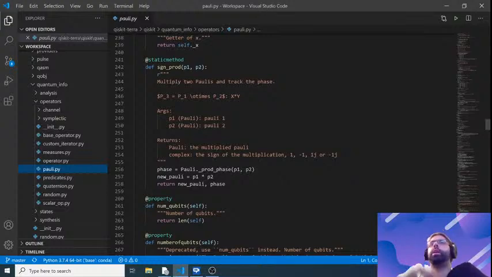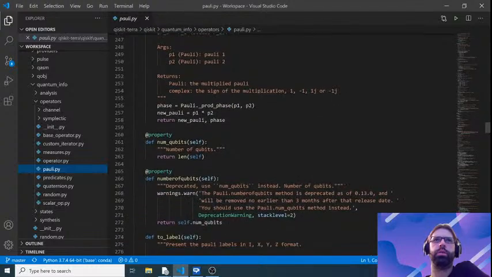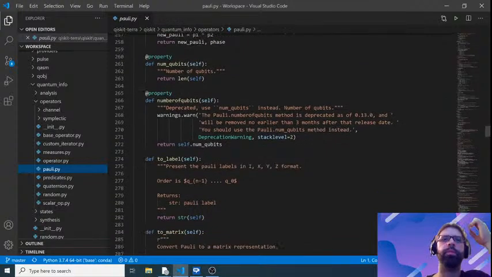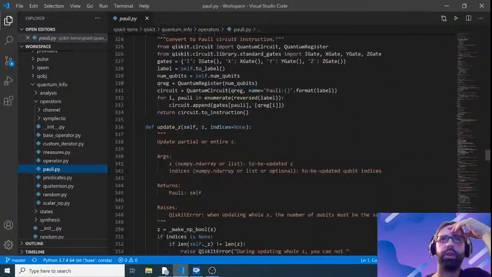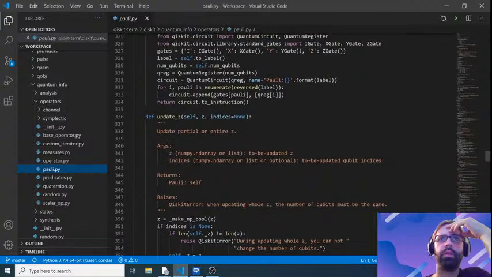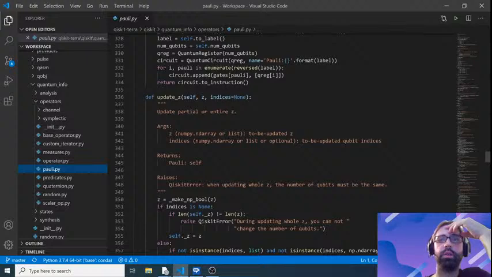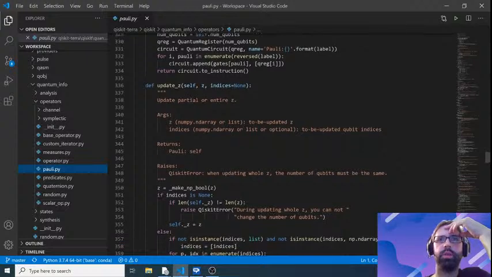Why do you get it separate though? To matrix, update Z, partial or entire Z. What is this? Self, Z to be updated, indices to be updated, qubit indices. What is this though?